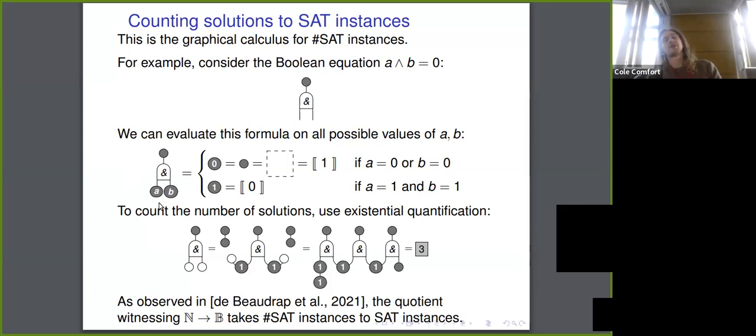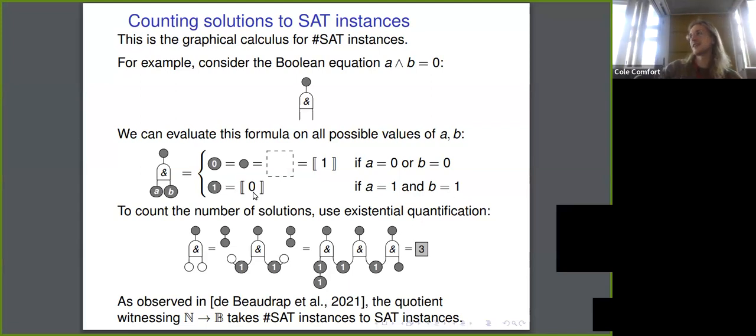So that's like a contradiction. Or no, it evaluates to the identity. So it's not a contradiction because anything times 0 is equal to 0. So that's fine. But if both A is equal to 1 and B is equal to 1, then that evaluates to the 0 scalar, which is indicating a contradiction.